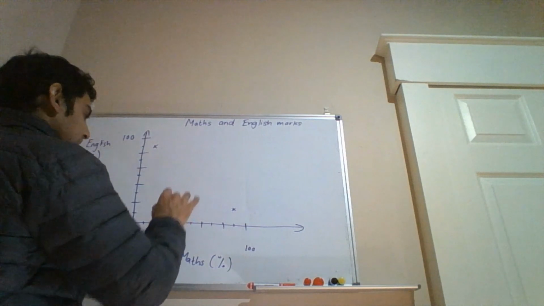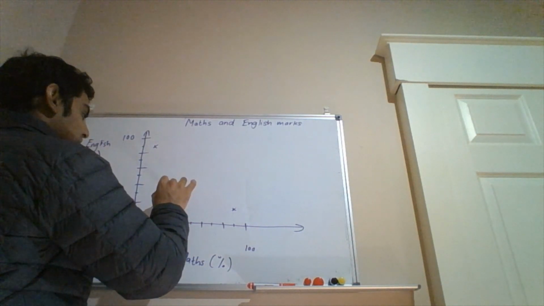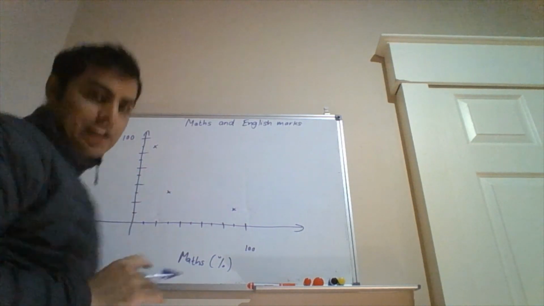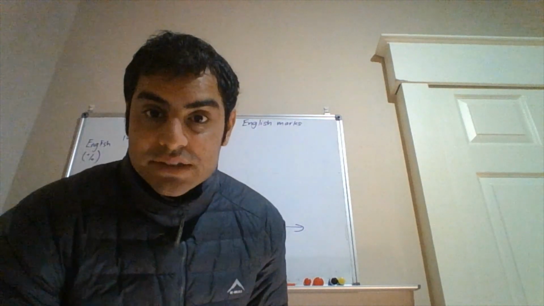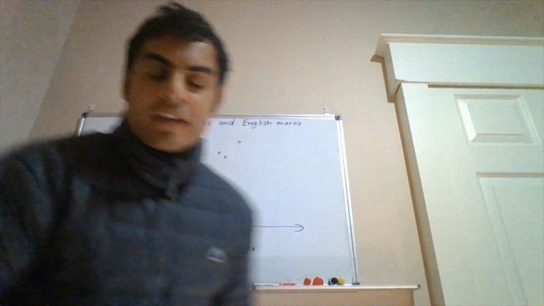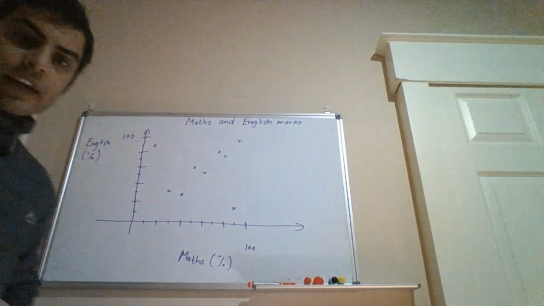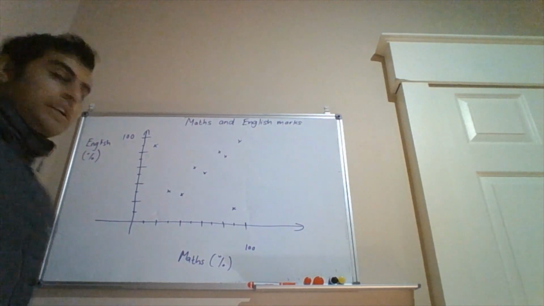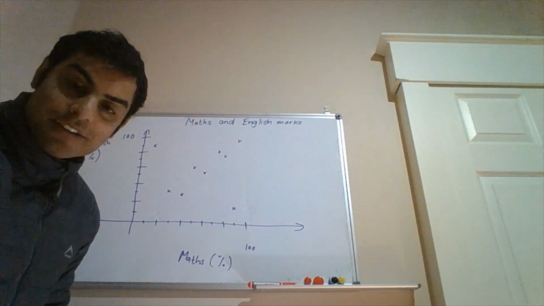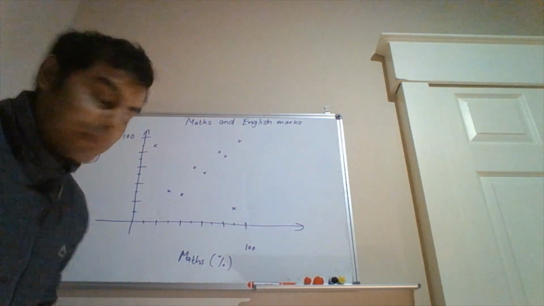So 30 for maths, 30, and then halfway between is 35. And I'm just going to plot the rest of the points. Okay, so I've plotted everything here, and we can see a trend, a correlation between the points.